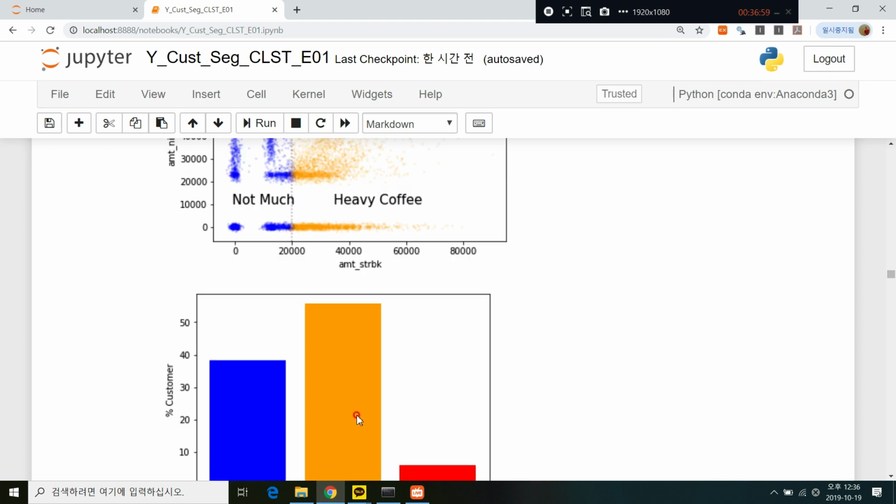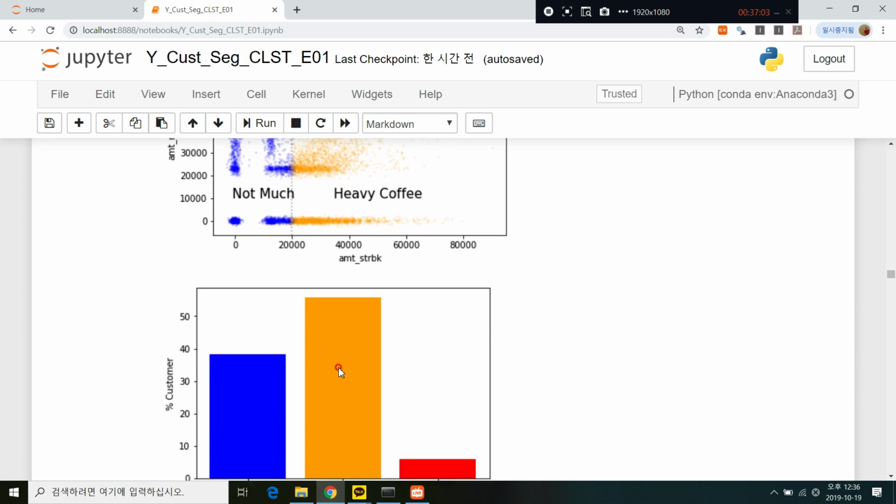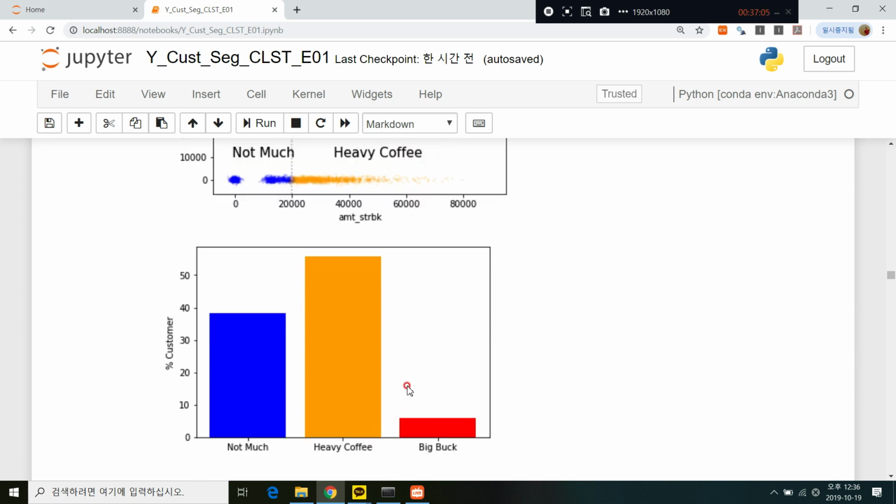You know, we have a very tricky data set. Many guys go to coffee, so many guys belong to this group. And big bulk also is good. This group is a very small group, but a very important group because they spend a lot.